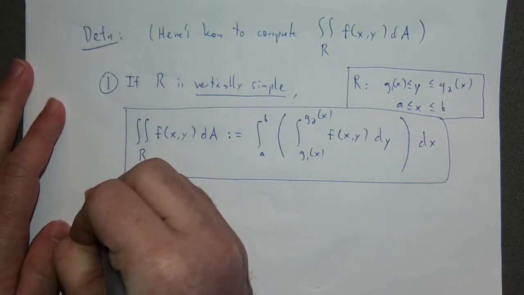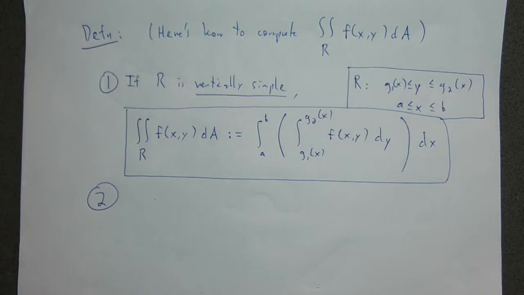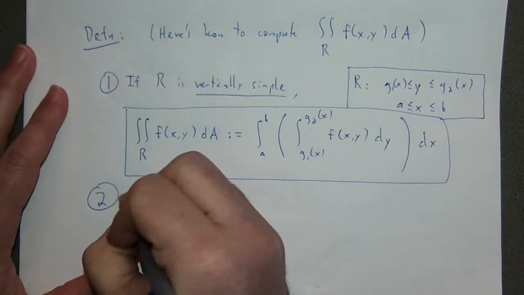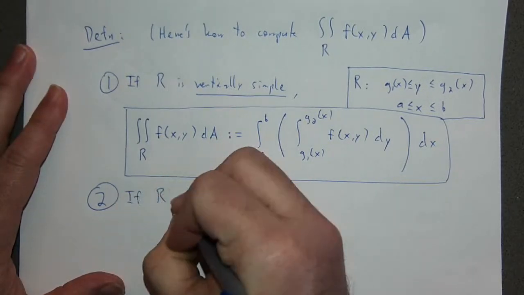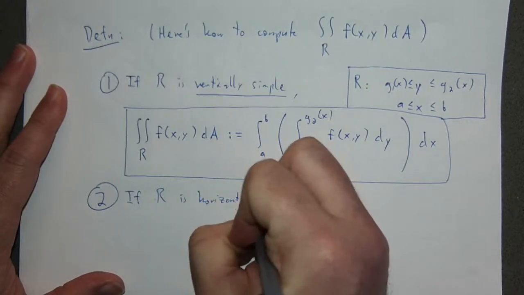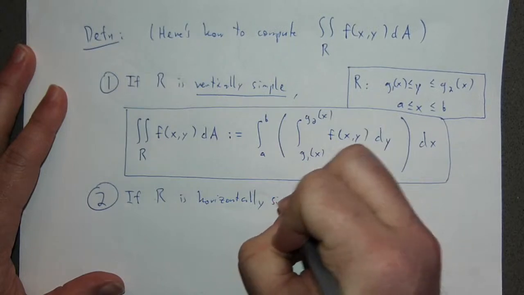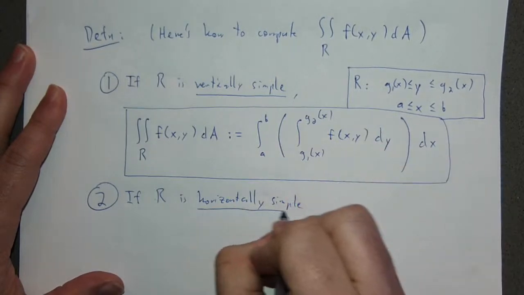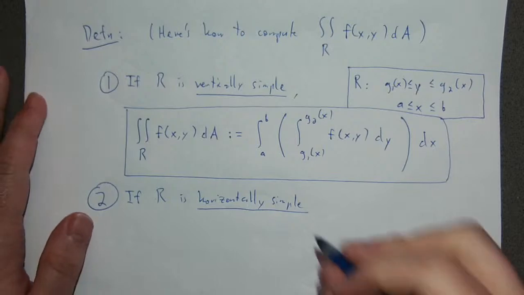And so the second part of this definition, if R is horizontally simple, then we don't have an upper and lower function anymore. We have a left and right function.